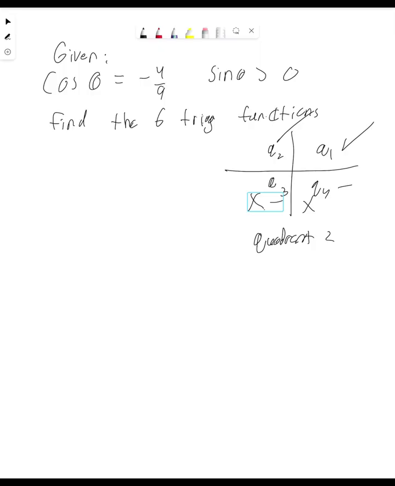Now how do we find the other trig functions? So we have cosine. Well, there's an identity. We're not in a unit circle.